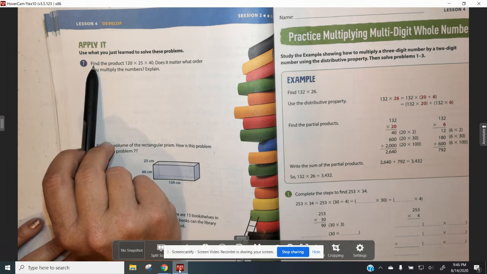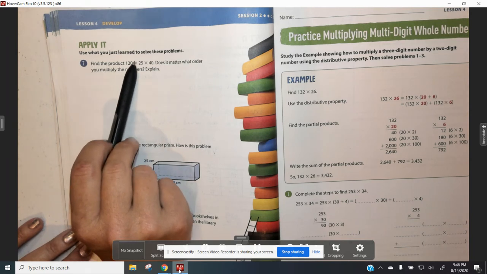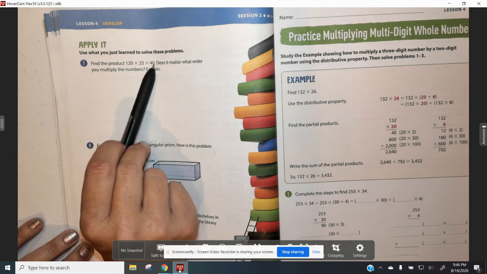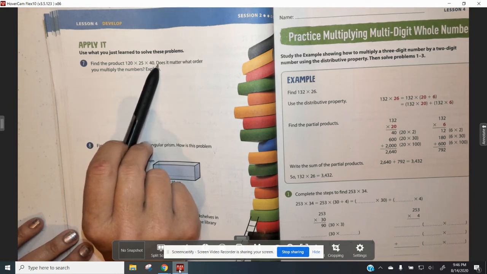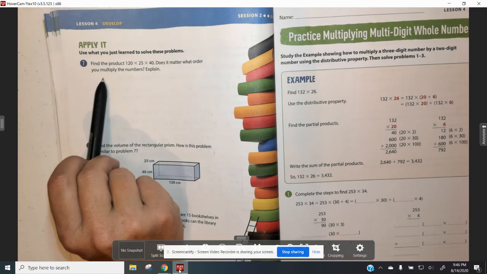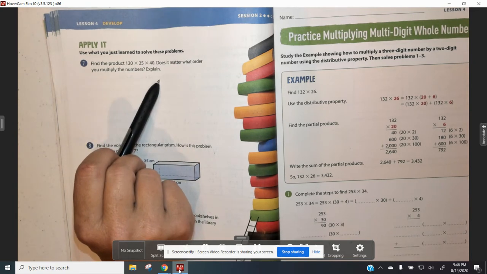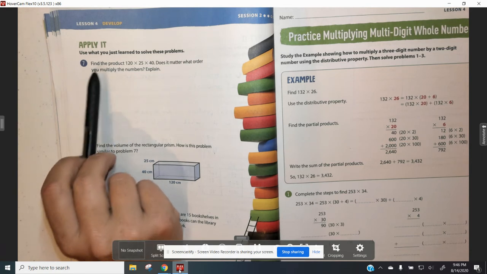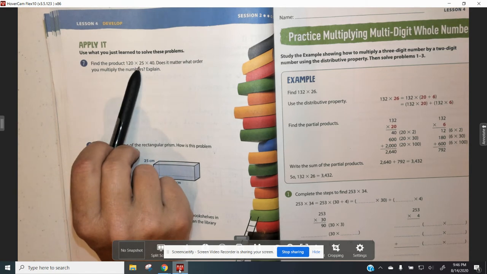First it says, find the product 120 times 25 times 40. Then it says, does it matter in what order you multiply the numbers? Explain. So does it matter how we multiply these?